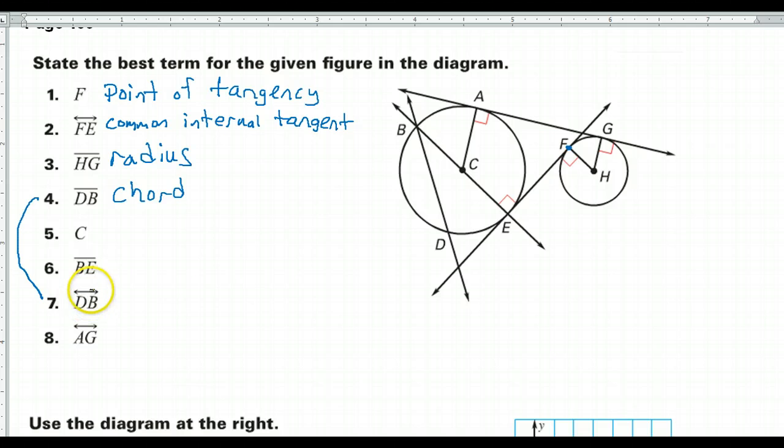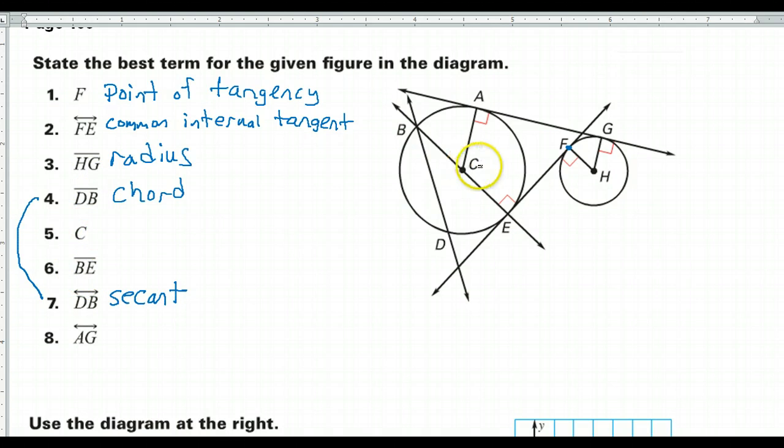This one has a line symbol over it. All right, so number 4 means from D to B and you stop. So that's a chord. Number 7 means the whole line that keeps going forever, and that would be called a secant. Okay, so you have to pay attention to the symbol over the top.